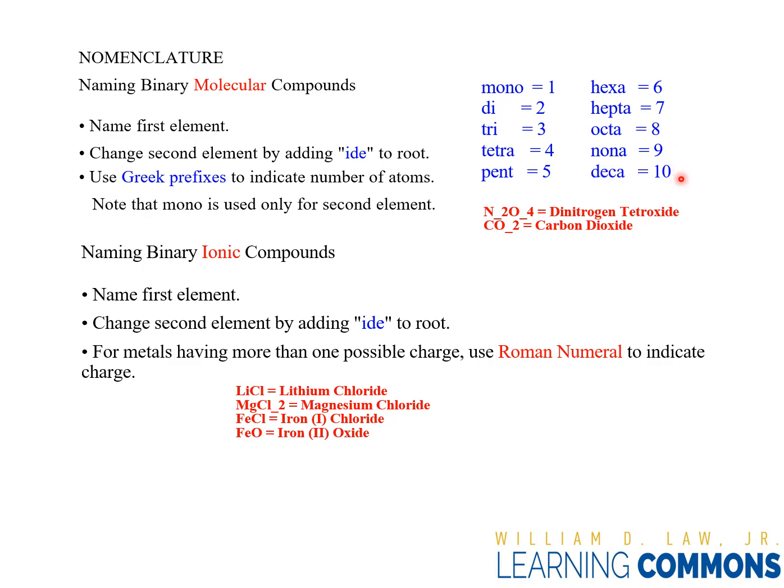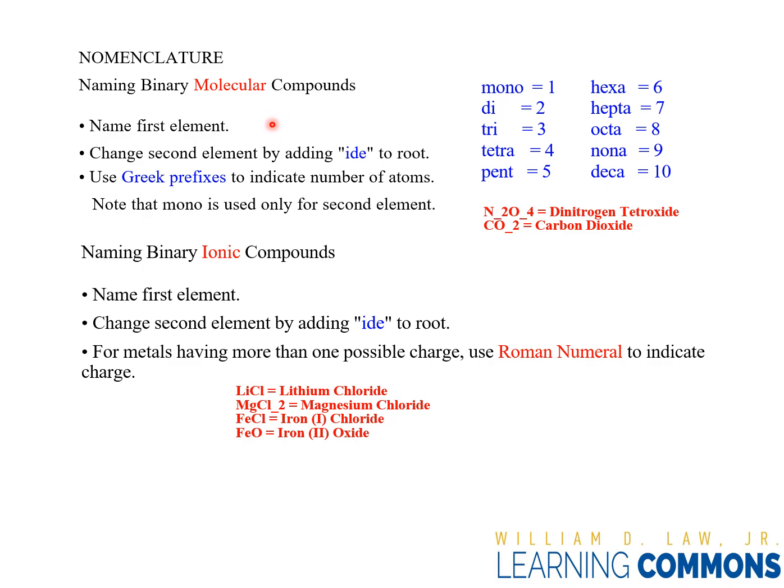But first of all, if I want to name the binary molecule, the first element, which most of the time is the positive one, I keep as is. What I mean by as is, is the same name from the periodic table. Like sodium, I keep sodium the same, or nitrogen.